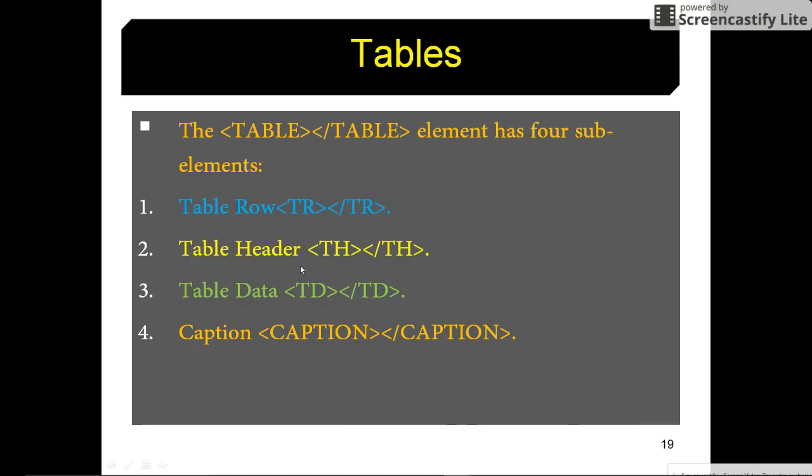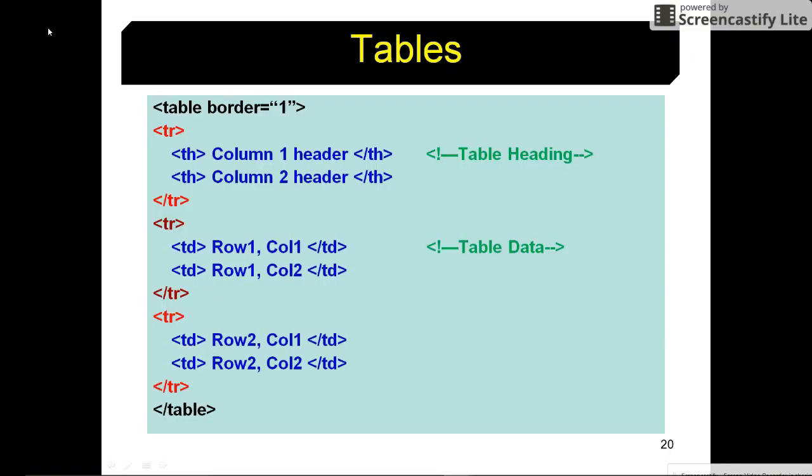TR is the row, TH is the heading of the row, and TD is the table data. And a caption can be placed on top or bottom of the table to demonstrate what it is. So let's check out an example. Here this is a table. It has got 2 headings and 3 rows.